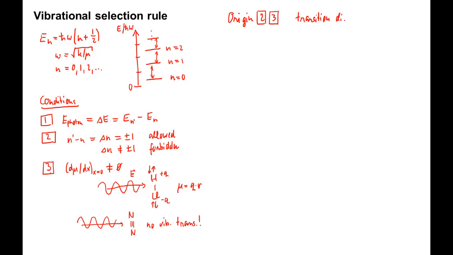Mathematically, this transition dipole moment is bracket psi n prime mu psi n in bracket notation, or in integral notation, the integral from negative infinity to positive infinity of psi n prime star times mu hat operating on psi n dx.